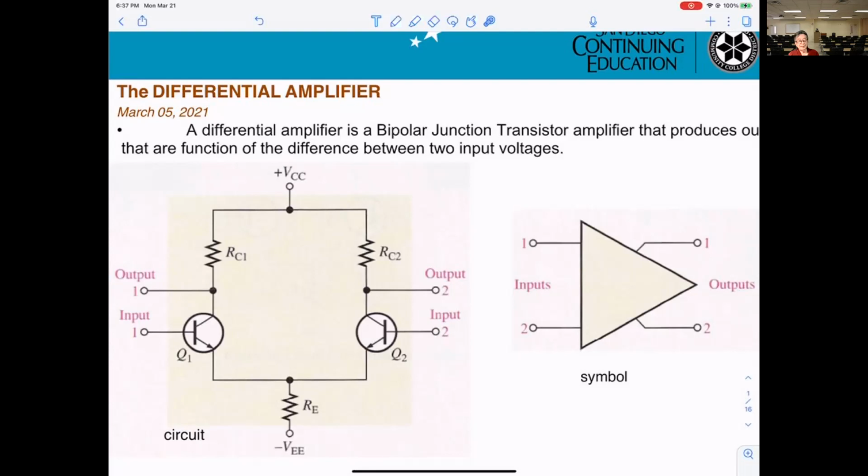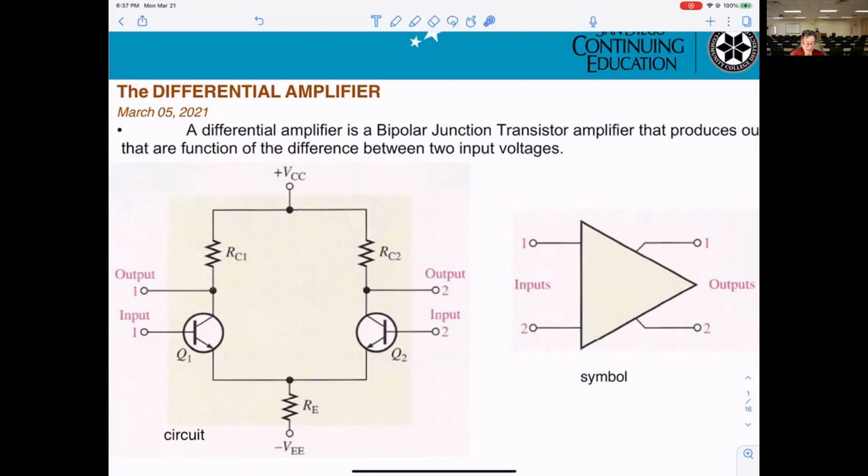For the common emitter, the input and output will be 180 degrees out of phase, meaning they are opposite. Second, the common collector: input and output will be in phase. And the last one, common base: input and output will be in phase.